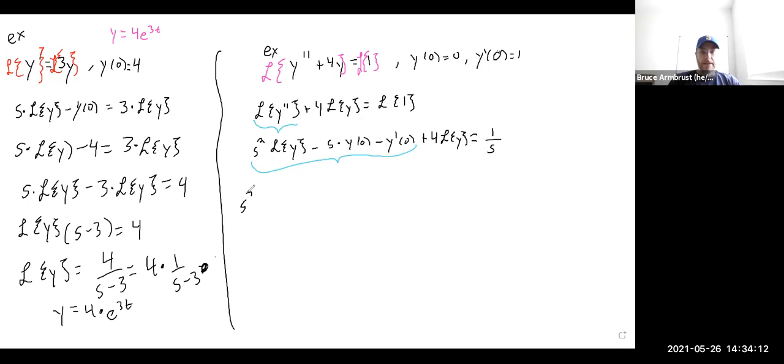So I'm going to get s squared plus 4 times my Laplace transform of y. Right, there was s squared and there are 4 of them there. That's going to equal 1 over s plus s times 0 plus 1.